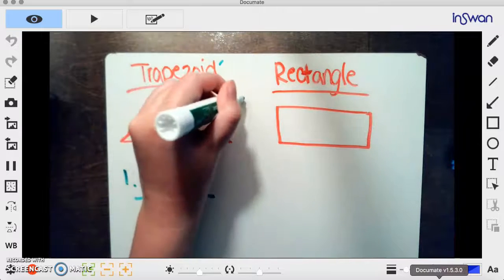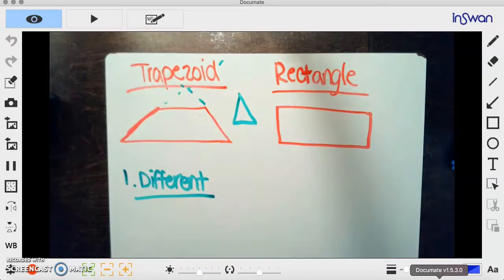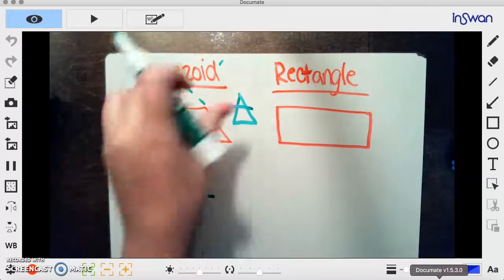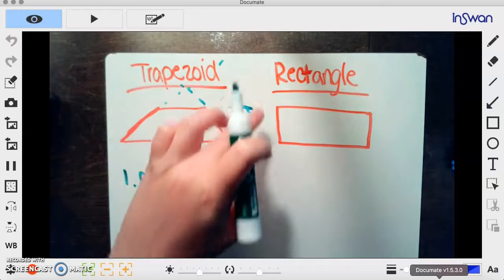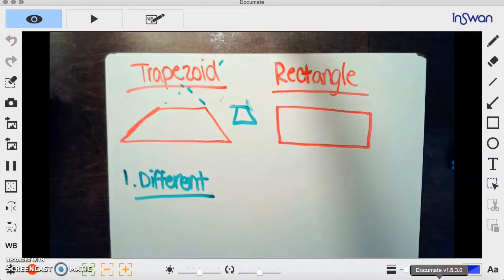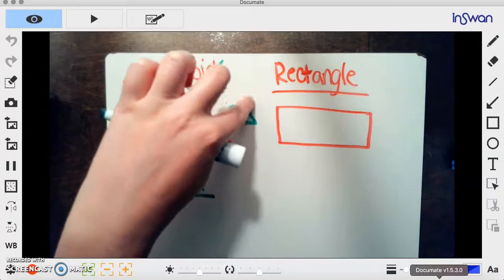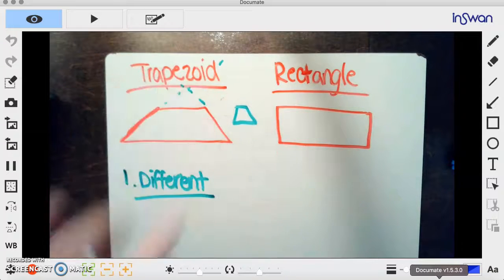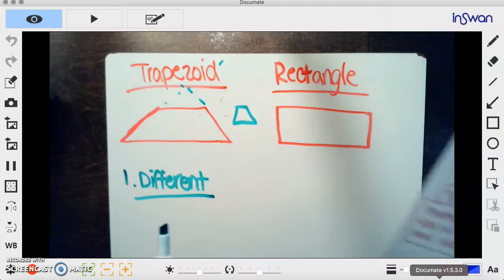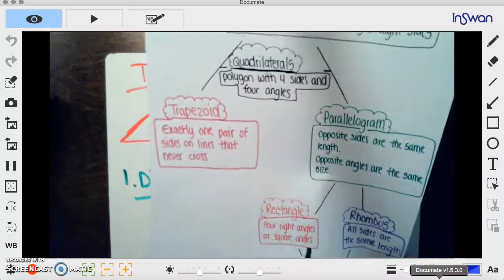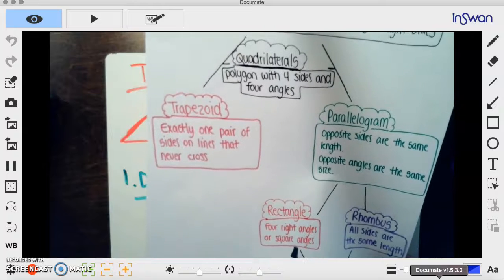You can kind of think of a trapezoid as if you were to draw a triangle and just cut the top off. That can get us a trapezoid. So how they are different, so that's a trapezoid. A rectangle has 4 right angles or square angles.